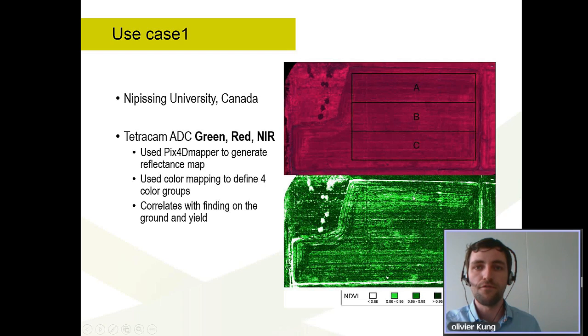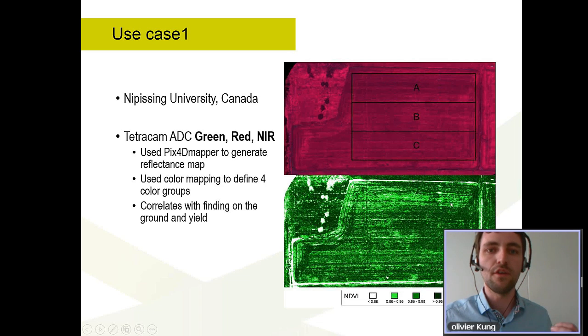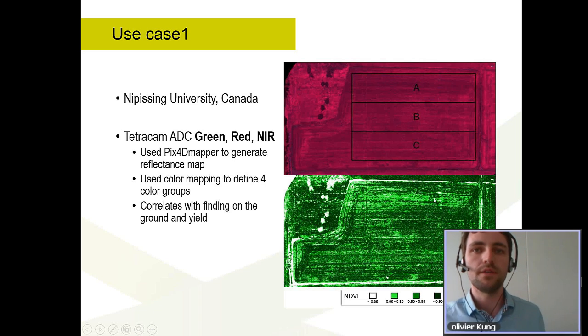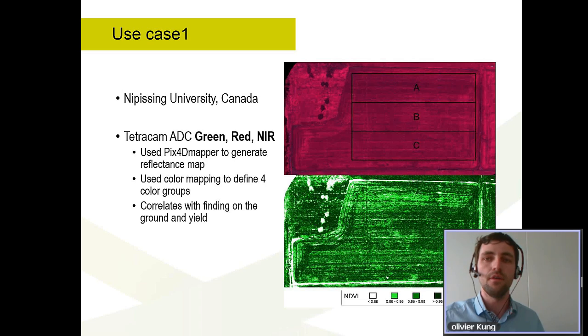So the first one, you can see that the user created 4 categories, and the first field, A, was displaying lower NDVI indices than the 2 others, and indeed was providing much less yield at the end of the year. It was a confirmation that this data is correlated to the real crop.